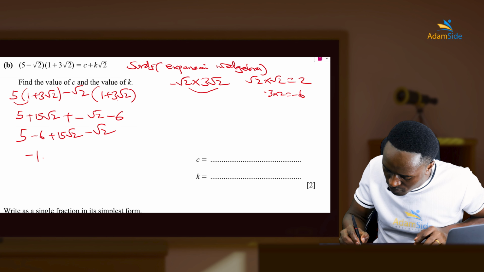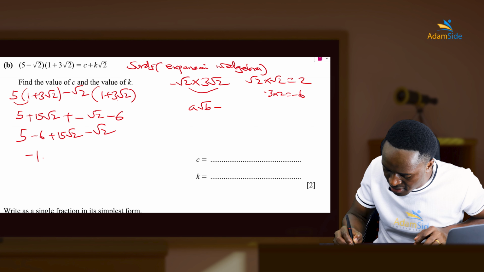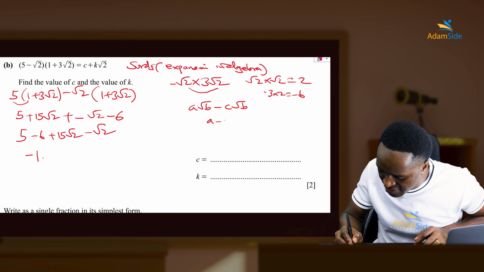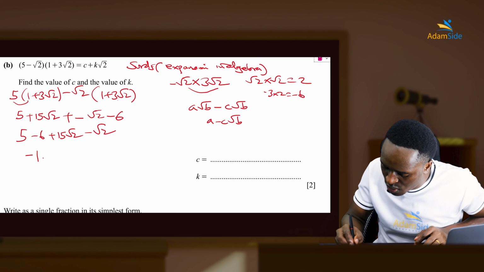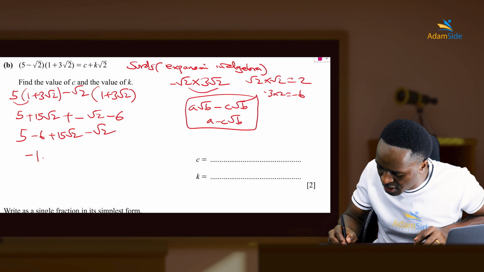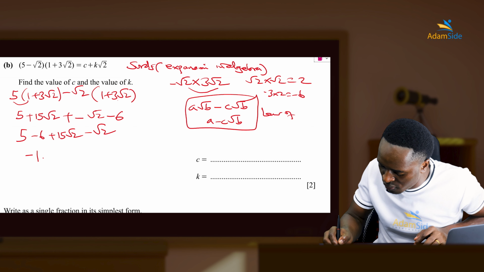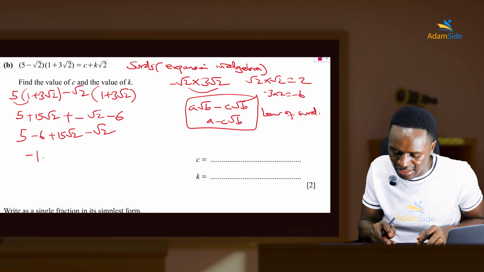Remember now, a root b minus c root b is a minus c root b. This is also a law of surds that you need. So here it's a law of surds applied in this concept now.